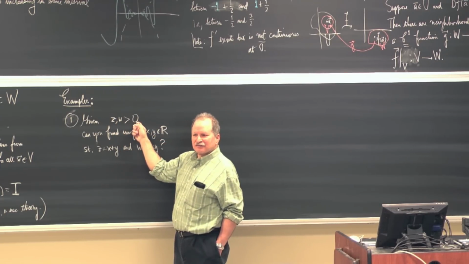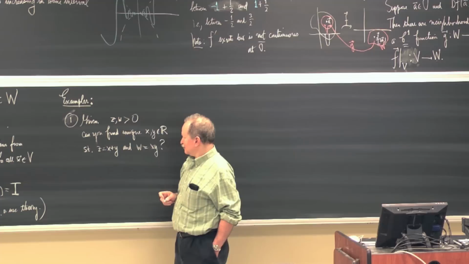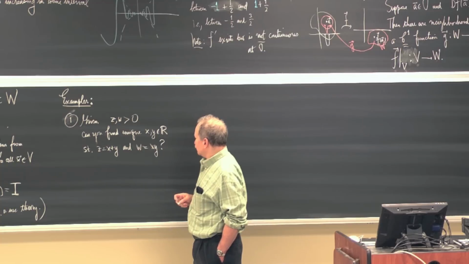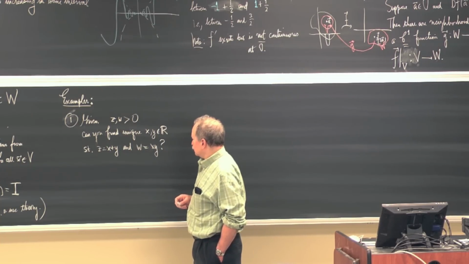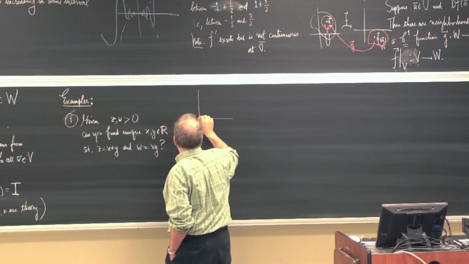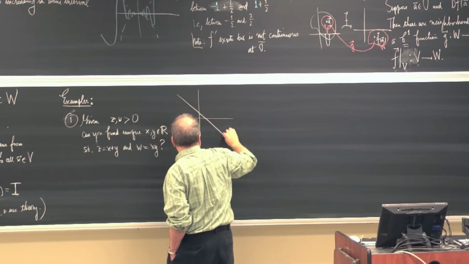Well, try Z equals 1/10 and W equals 1. Because then if you look at the graphs of those two equations, they never intersect, do they? I'm thinking x plus y equals 1/10, so you've got a line.